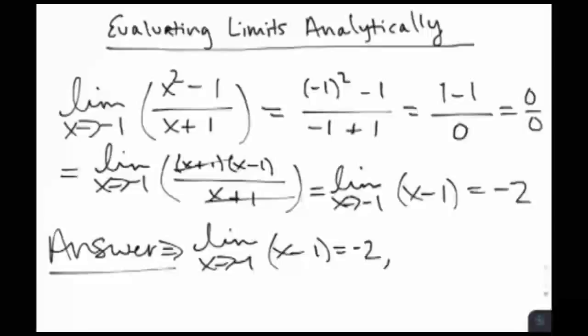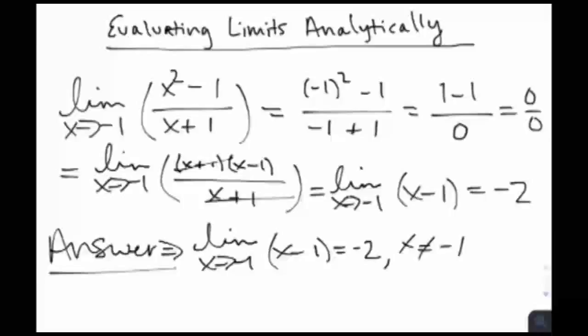But x cannot equal -1 because, as we saw when I first started the problem, we are not able to determine the actual y-coordinate at x equals -1. We can only approach -1 from the left-hand side, the more negative side, and from the right-hand side, the more positive side.